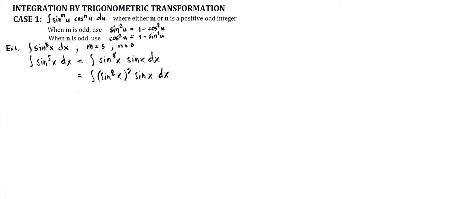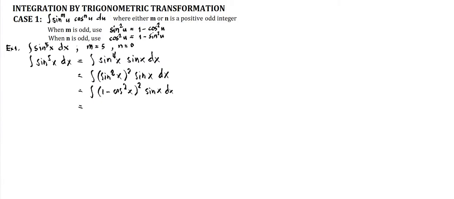Kaya gagamitin na natin yung transformation para sa sine squared equals 1 minus cosine squared. So, ito ay equals sa 1 minus cosine squared of x, quantity squared, and then times sine of x dx.